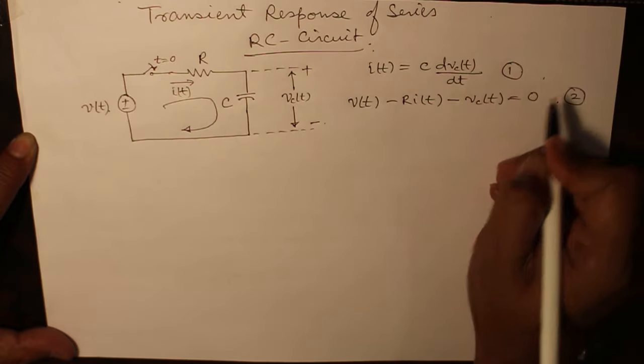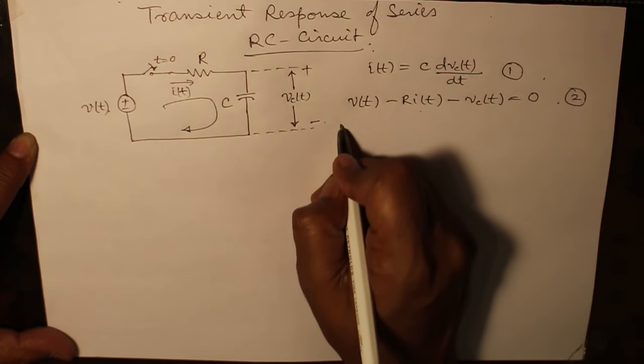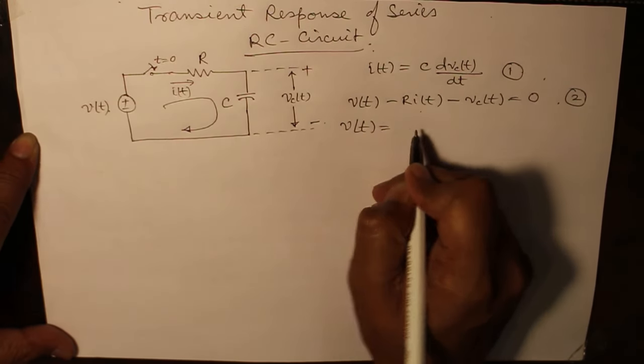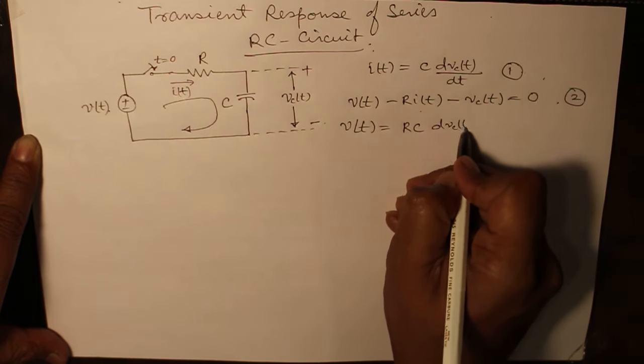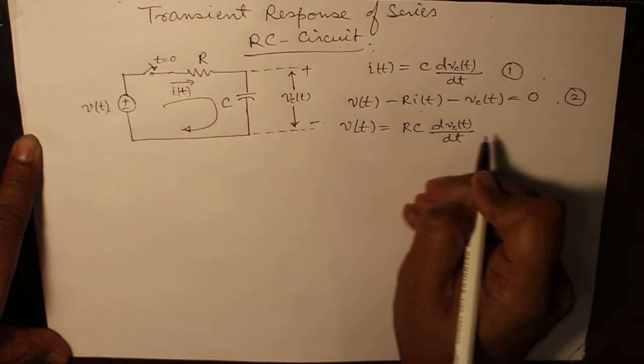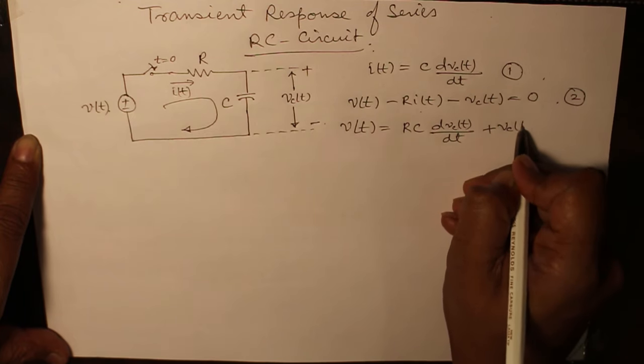Substituting for iT from equation 1, vT is equal to RC dVc by dt plus vC(t).